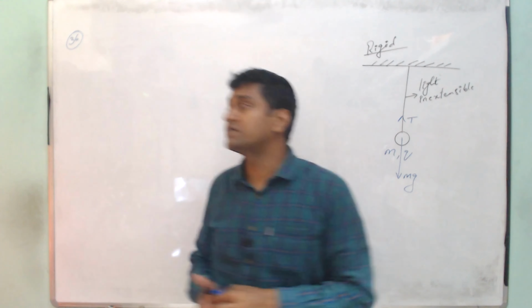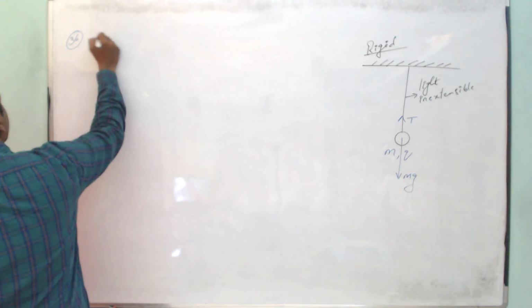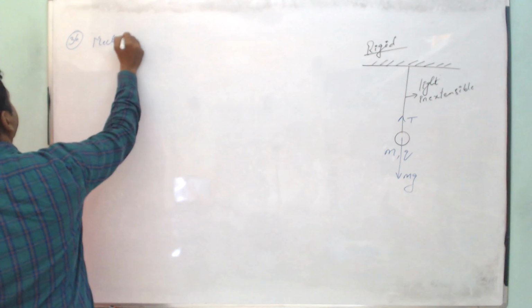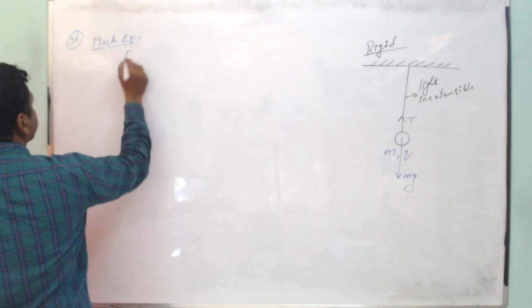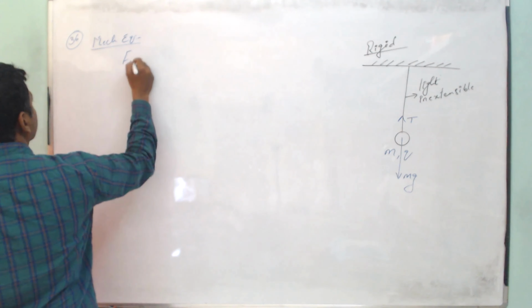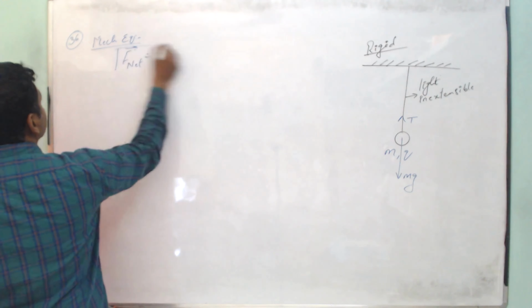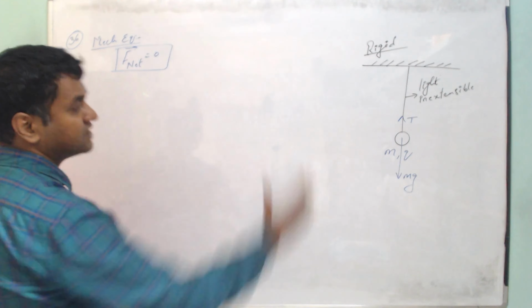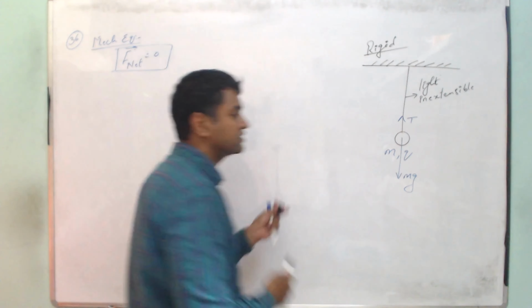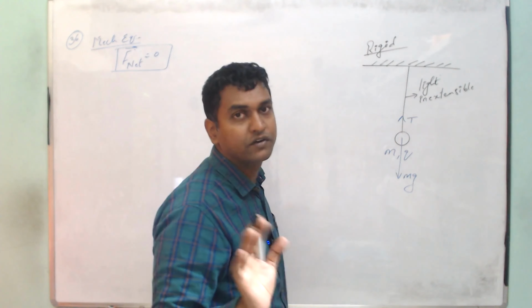Right now, this ball in this situation is at mechanical equilibrium. What do I mean by mechanical equilibrium? I told you already, equilibrium means net force should be 0. Yes, F bar net is 0. So right now, what are the forces that I have? I have T j cap in the upward direction and minus mg j cap in the downward direction.